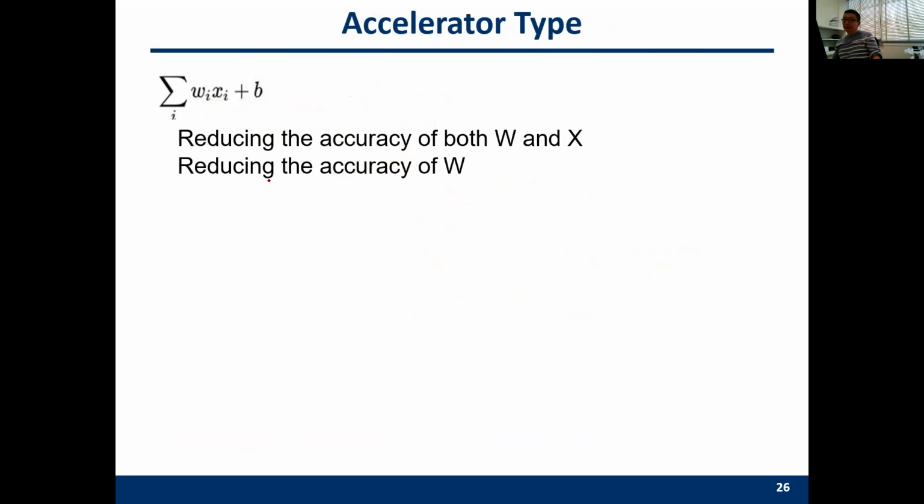We have different policies, different strategies to achieve that. Because we have 2 critical parameters, the first one is to reduce the precision of both of them. The second one is to reduce the precision of only W. The input is more important than the weights because you have fewer inputs, and the input is just the image.